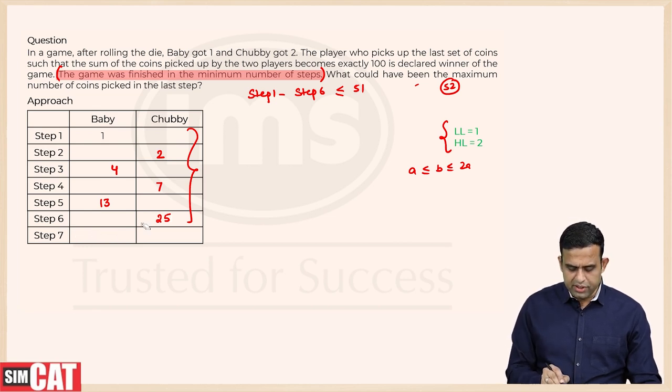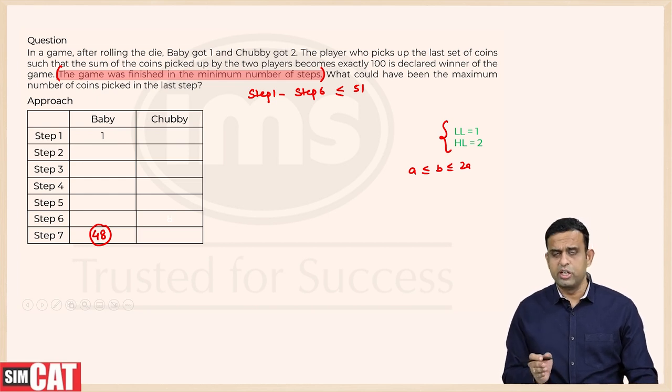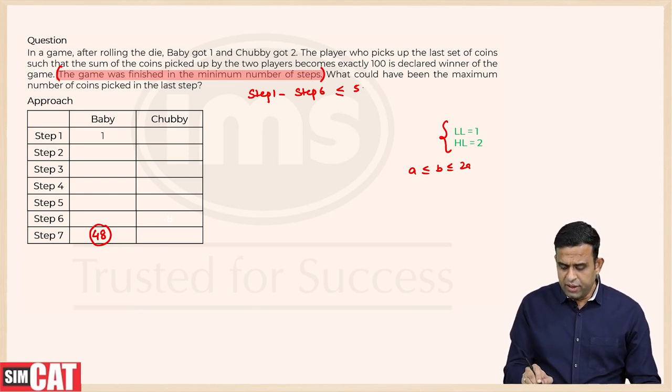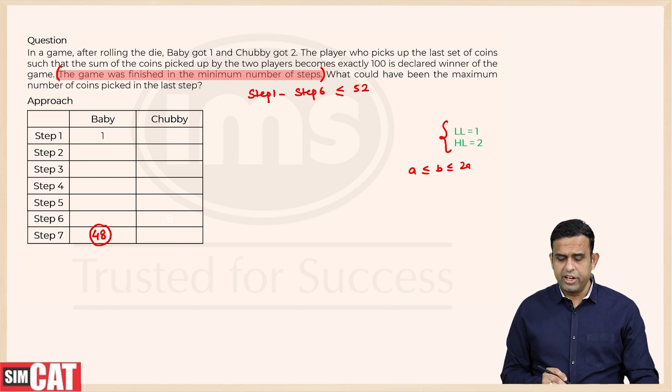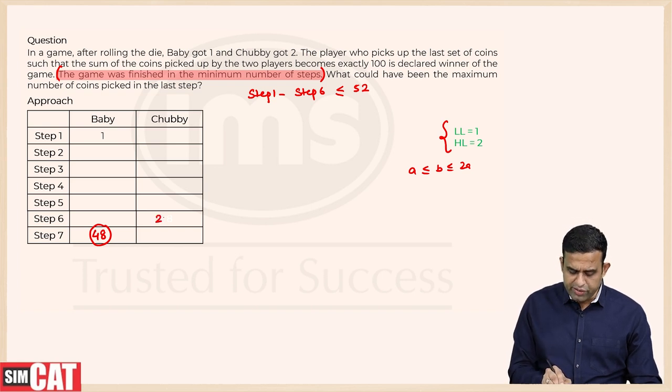So let's now try with 48. If I say this is max 48, in that case the sum of step number 1 to step number 6 should be maximum 52. If this is 48, then the lowest number of coins which I can pick by Chubby in step number 6 will be half of this number, 24.